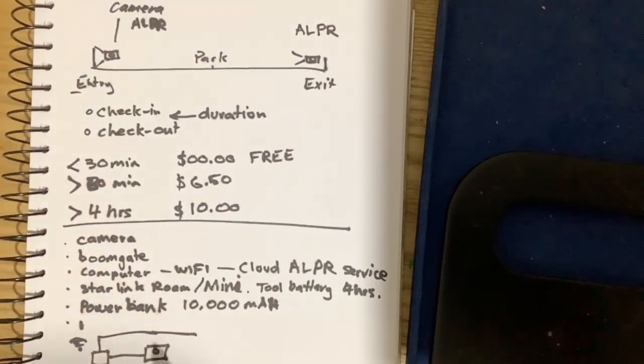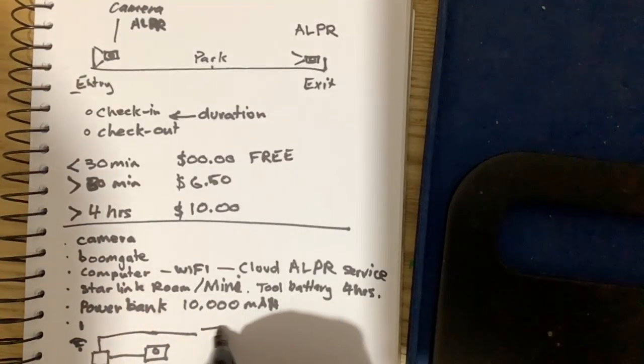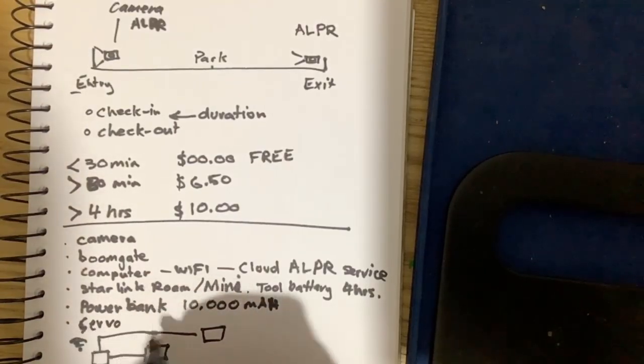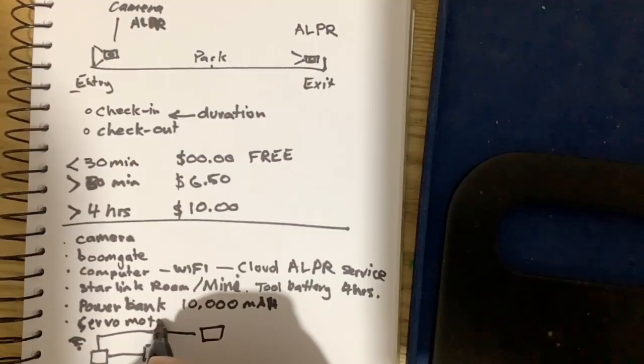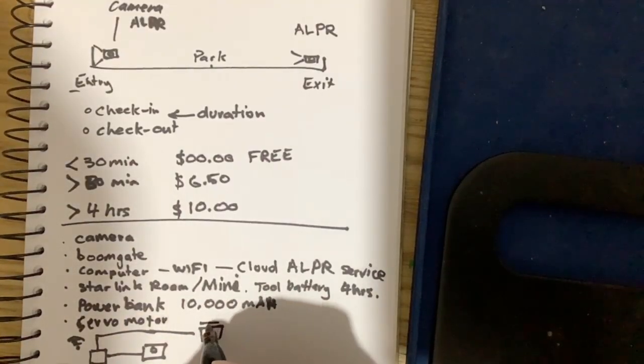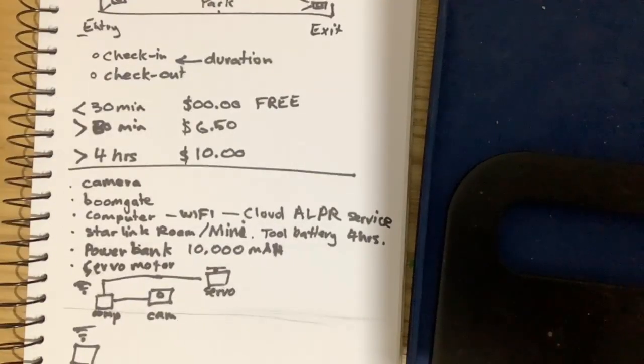How are we going to build a Boomgate? We can probably connect to a servo motor. So let's put that on here, servo motor. And we'll just open it, close it. That's a servo. Yeah, I think that's it.